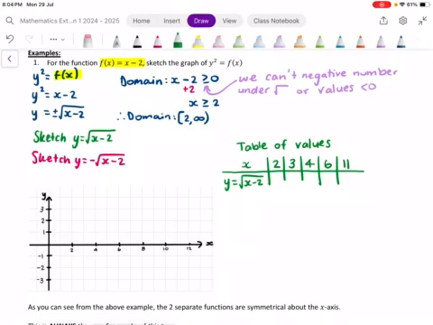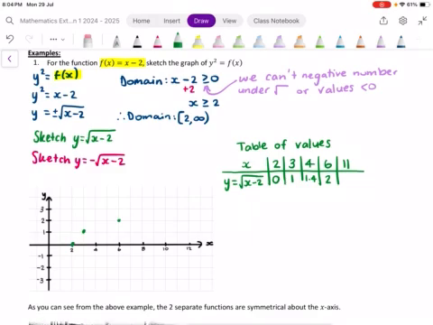So what we have is that the square root of 2 minus 2 is 0. So I'm going to start at (2, 0). Now the square root of 3 minus 2 is 1. So at 3, it will be at 1. The square root of 4 minus 2 is root 2, or 1.4. And the square root of 6 minus 2 is the square root of 4, which is just 2.